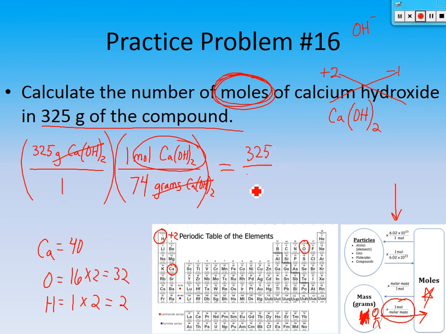And on bottom it's 1 times 74. So 74 goes on bottom. When you divide those two numbers, I'm getting 4.39. 4.39, and you got to include the units, which is moles of calcium hydroxide.